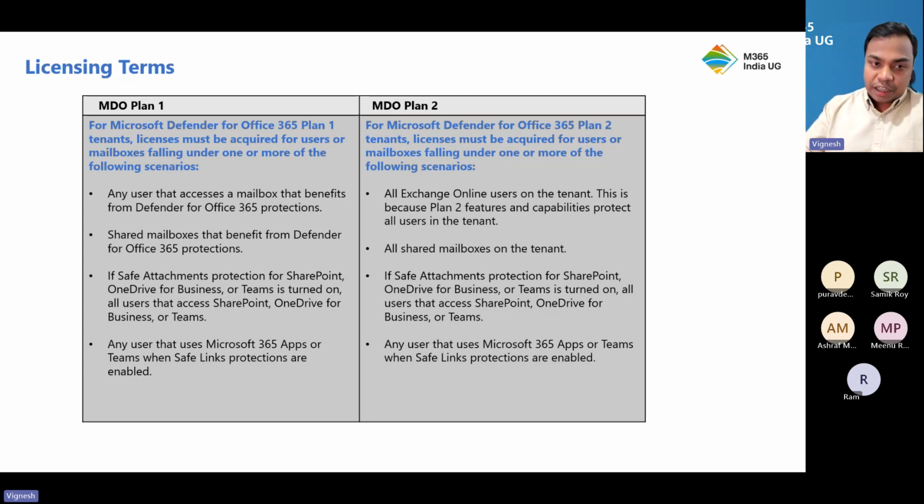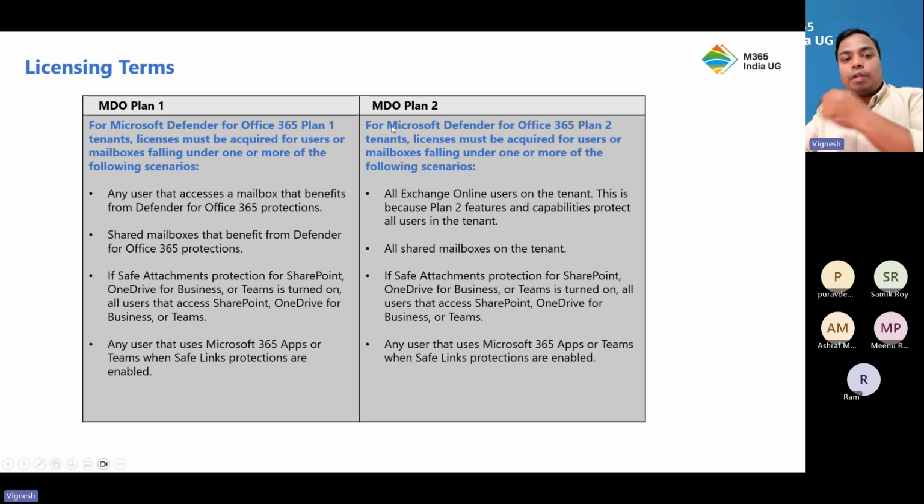Or if the safe attachment capability is turned on in your tenant, and maybe the files that you're sharing, or maybe you're sending an email and the attachment is getting scanned by MDO, then of course, yes, you should be making sure that you're licensed with MDO Plan 1, right? And similarly, as long as any of the work that you're doing gets governed or secured by MDO Plan 1 capabilities, then you need to make sure that you're licensed for it, or else you will fall under compliance for Microsoft and they're going to come after you, right?